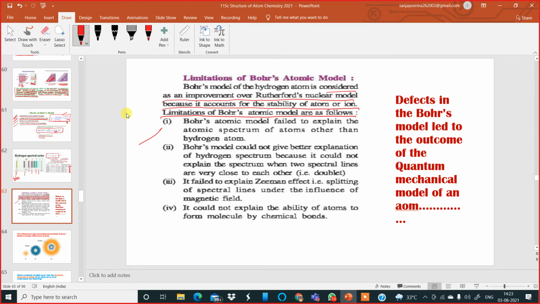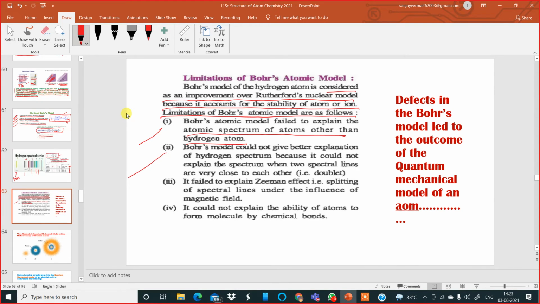Number 1. Bohr's atomic model failed to explain the atomic spectrum of atoms other than hydrogen atom. That means if you take elements other than hydrogen, higher elements, maybe nitrogen, oxygen, sulfur, chlorine and all, it is not being able to explain. This Bohr's model is not going to explain the atomic spectrum of other higher atoms.